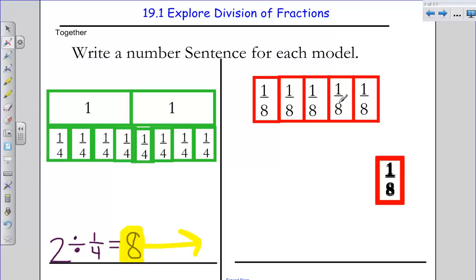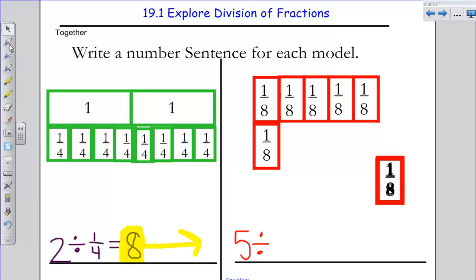Here's my question. I have 5/8. 1, 2, 3, 4, 5. Yep. So 5/8 is my dividend. That's what I'm starting out with. And I'm trying to see how many 8th sections fit into 5/8. If you think about science, when you've been working with your rulers, I want to know how many 1/8 sections fit into 5/8.